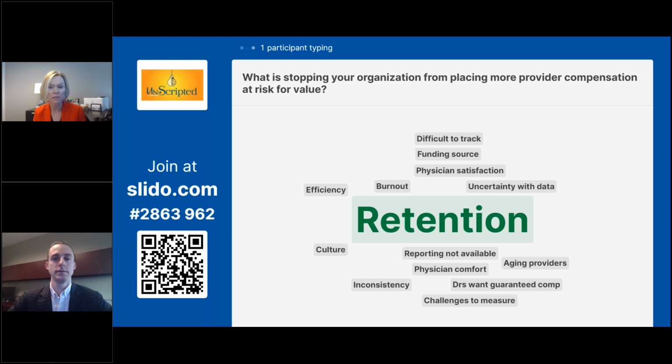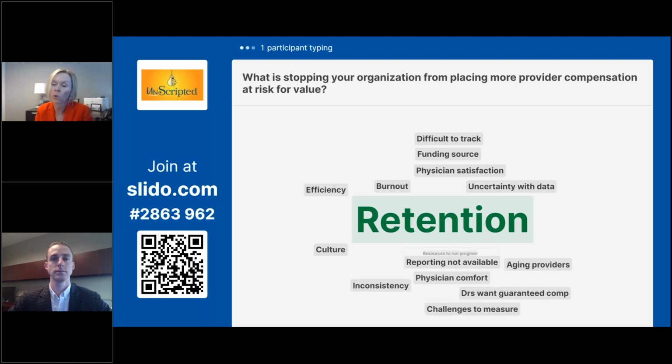And so one of the biggest things on the screen right now is retention. So retention is actually stopping them. And I guess that's a little bit of a surprising response to me as well, but very important.